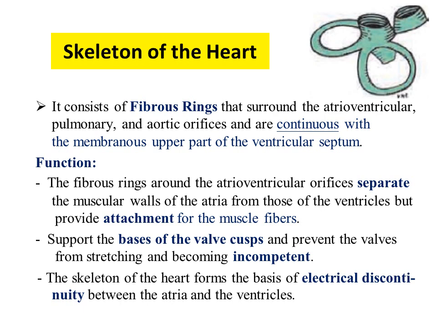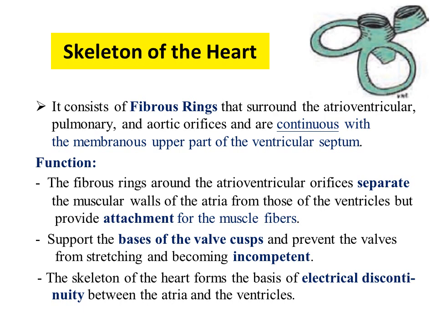It also provides attachment for the leaflets or cusps, going later to the papillary muscles by the chordae tendineae on the atrioventricular valves, or the cusps of the semilunar valves. It supports the bases of the valve cusps and prevents the valves from stretching. It's not stretchable, really, and valves become incompetent if they open more, and blood could regurgitate, or become more stenosed.